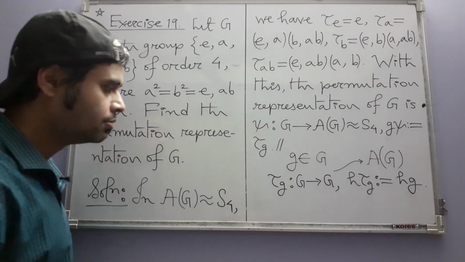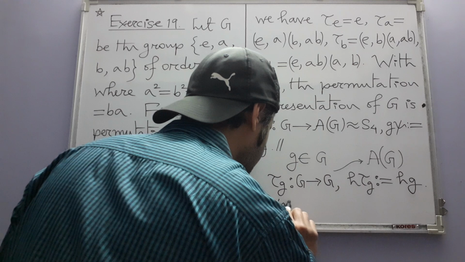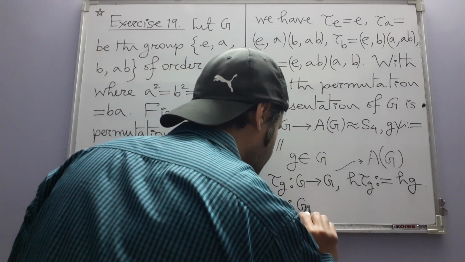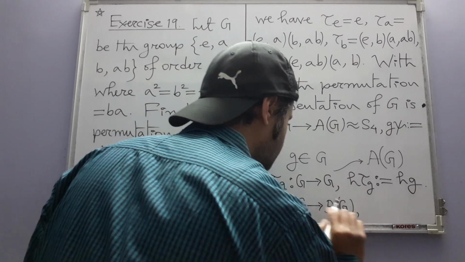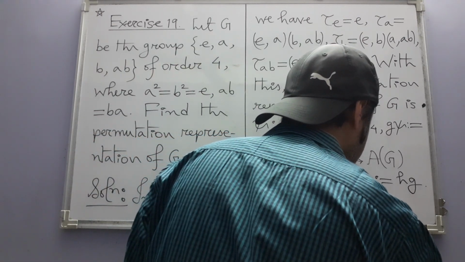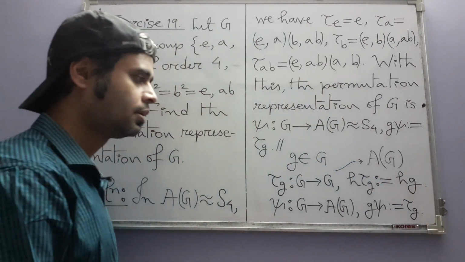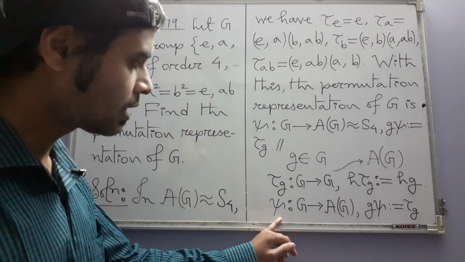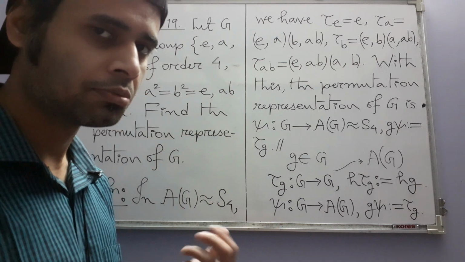And then what we do, we then consider this map psi from G into A of G, which maps the group element g onto tau g, and one finds that this psi is a group homomorphism which is 1 to 1.